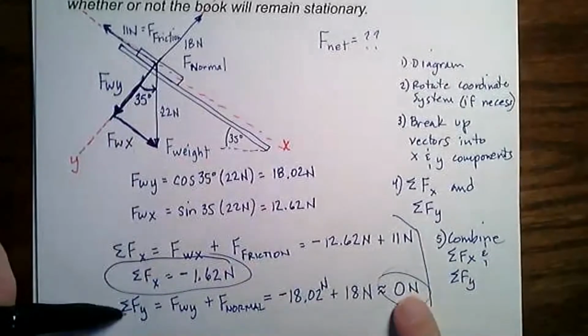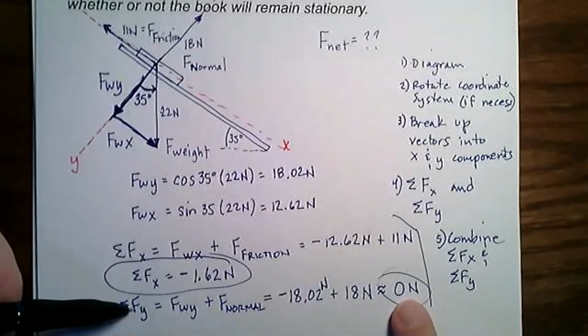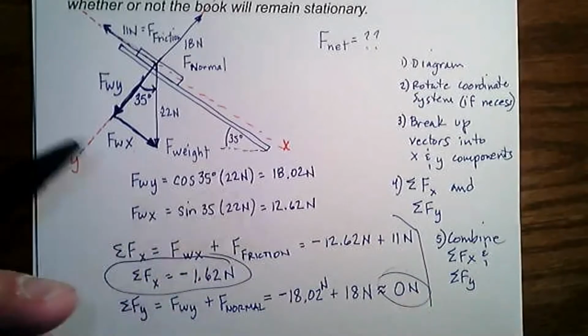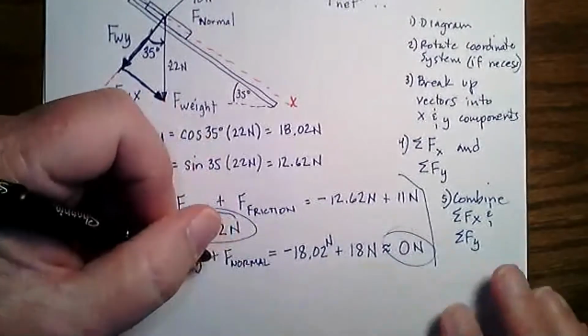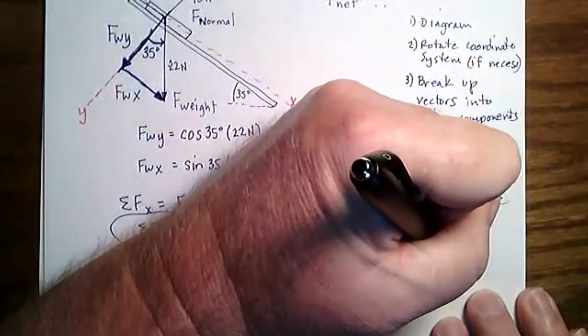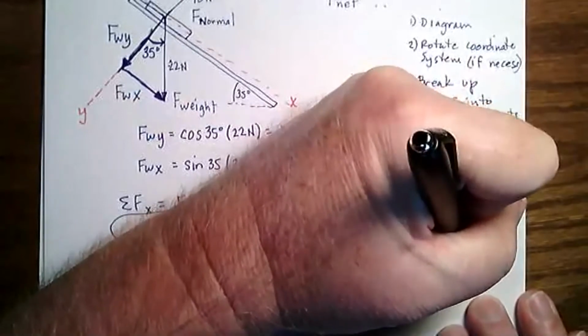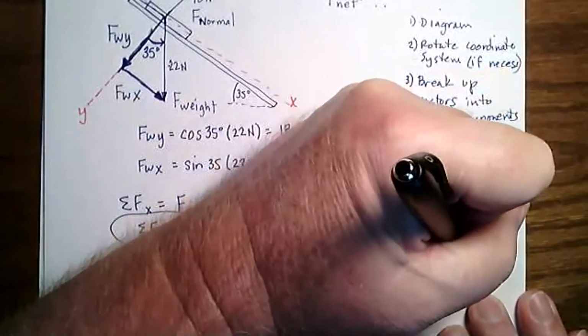But if you did have a net force for the y, and you'll see some later on, we would have to combine them head to tail and figure out what the resultant was. But in our case, we can basically say that this combination of those two forces is your net force.